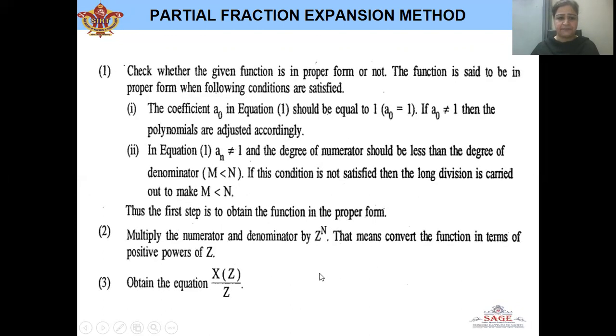Now, there are a few points which need to be considered while finding the inverse Z transform using the partial fraction expansion method. First, we have to check whether the given function is in proper form or not. What is proper form? The function is said to be in proper form when the following conditions are satisfied. The first condition is that the coefficient a0 in the equation should be equal to 1.